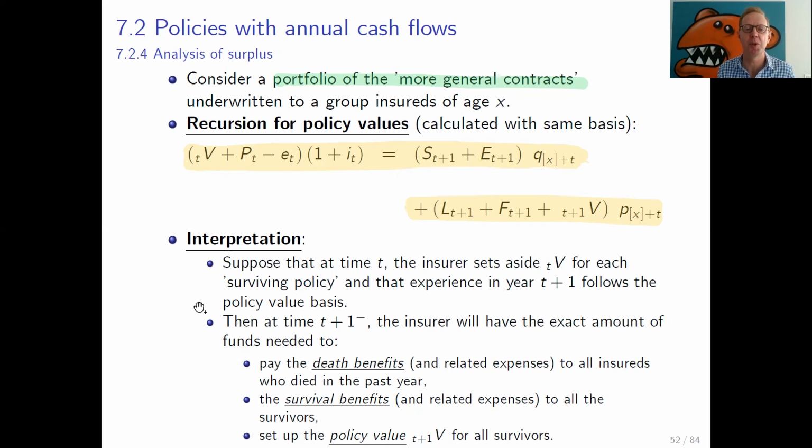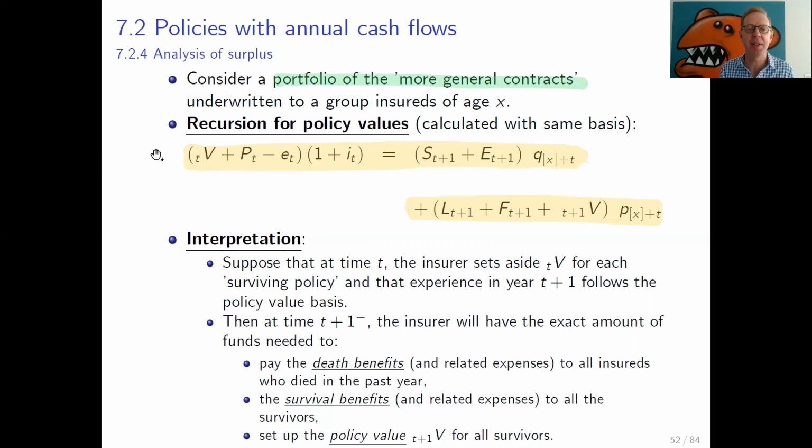Then at time t+1 minus, the insurer will have the exact amount of funds. So this left-hand side is what is available. That will be exactly enough to pay the death benefits and related expenses to all insureds who died in the past year, to pay the survival benefits and related expenses to all the survivors, and to set up the policy value V_{t+1} for all survivors.